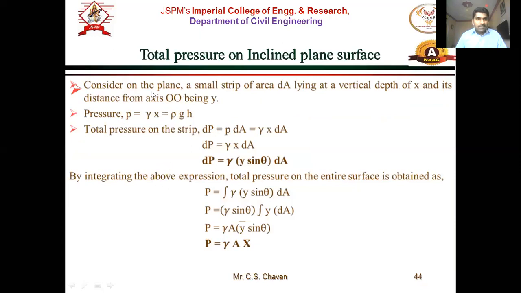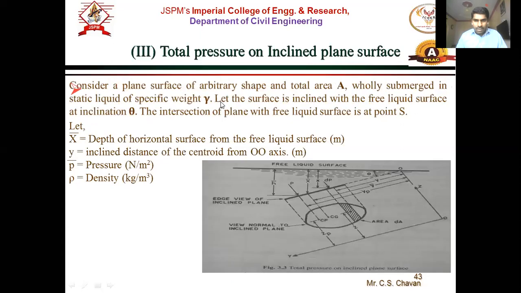So consider a small strip of area dA lying at a depth x and its distance from OO being y, right? So this small strip is at depth x from the free liquid surface, where the sloping inclined length is y.